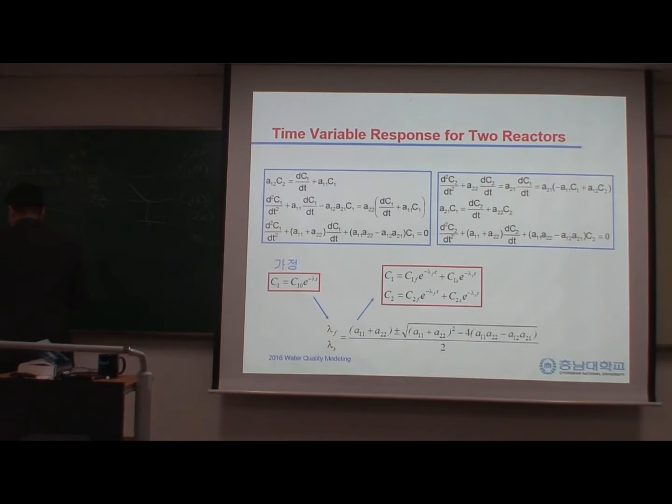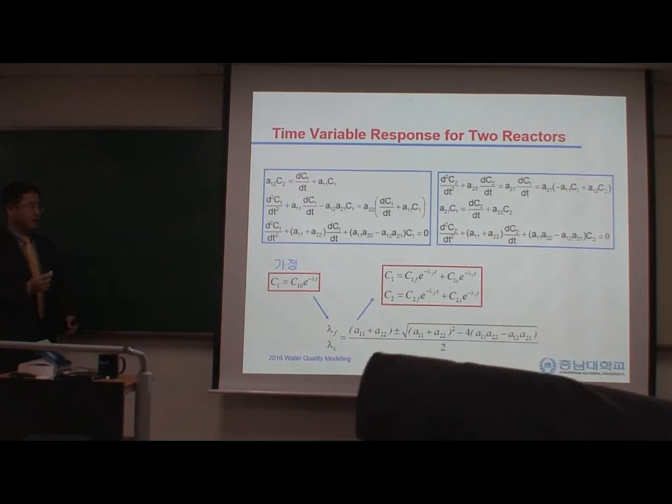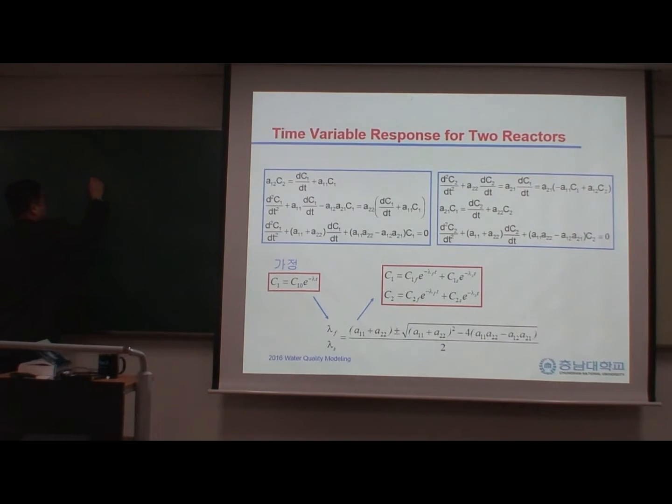And this is very simple. Okay, I have dC1/dt plus, let's say I have alpha. I will have A, okay? And d, let me do this one.